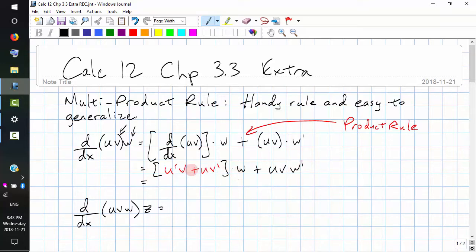And we distribute w into this. We get u prime v w plus uv prime w plus uv w prime. I hope you see the pattern there. And we have the product rule here. But in case you don't see the pattern, we're going to do one more.